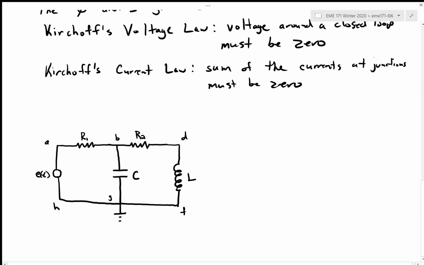So if I identify these unique nodes in between the components, I'll just give them a label so that'll help us see what's matching up in the bond graph as we start to draw it. And we need sign conventions both for the voltages and the currents.